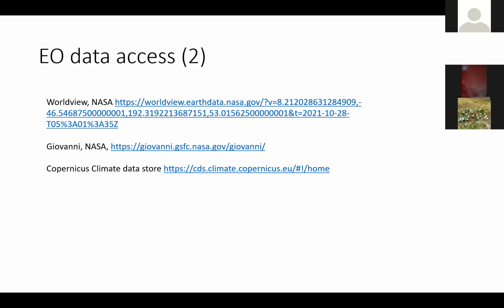They are good in a way that you do not have to download the data in the original format, but you can extract an area, you can extract a period, you can even plot some data. And in Worldview, for instance, NASA allows plotting different variables on one map. So it's a very, very nice tool. Please start from those when you start looking at the data.